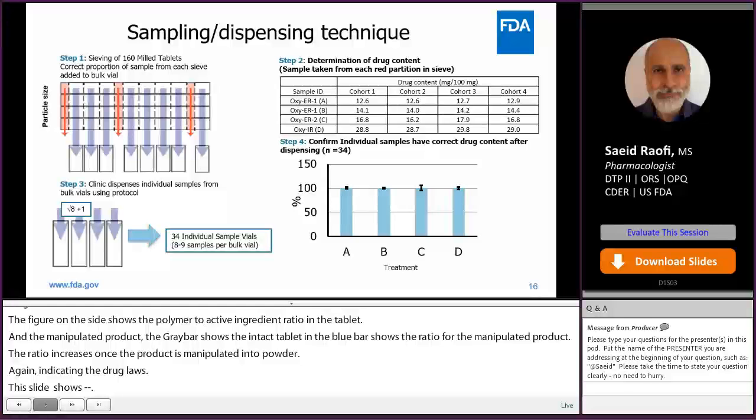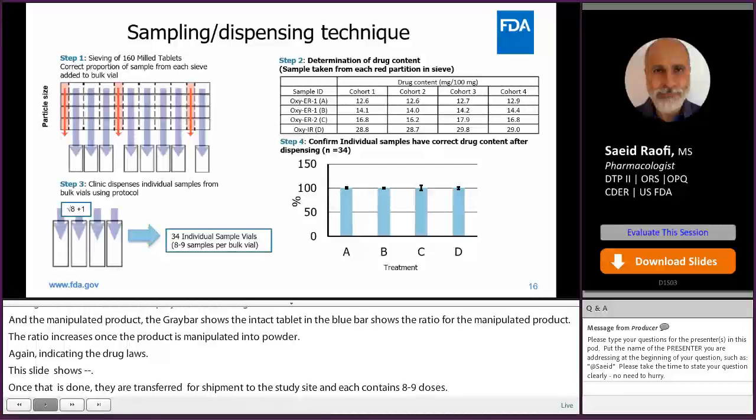And once they are at the study site at the pharmacy prior to administration of the drug, the pharmacist transfers equivalent of 30 milligram dose of oxycodone into each dosing vial, which is then sent to the floor for administration to the subjects.